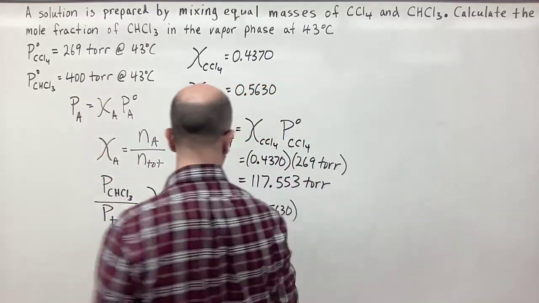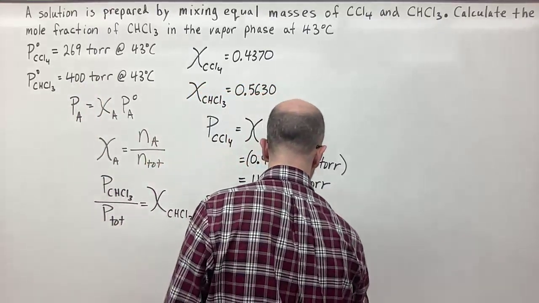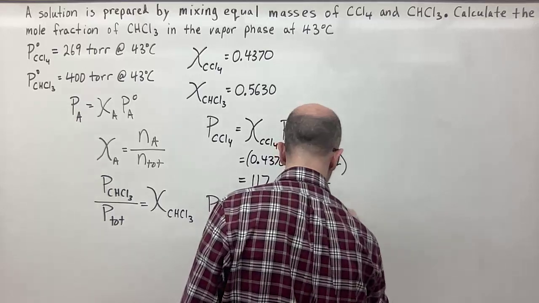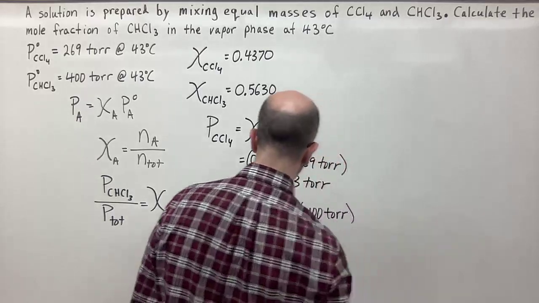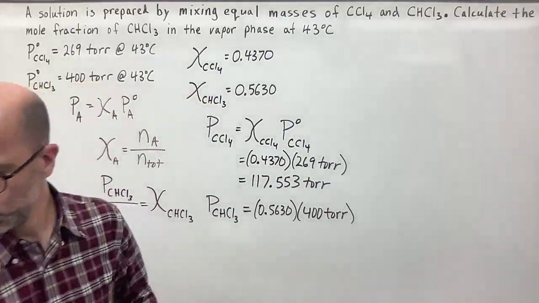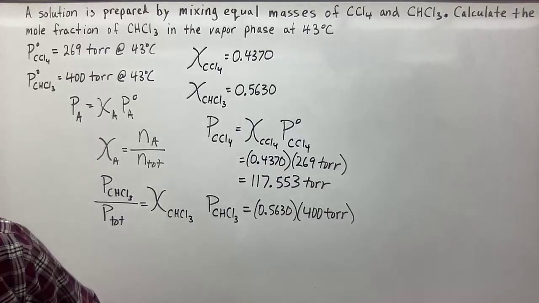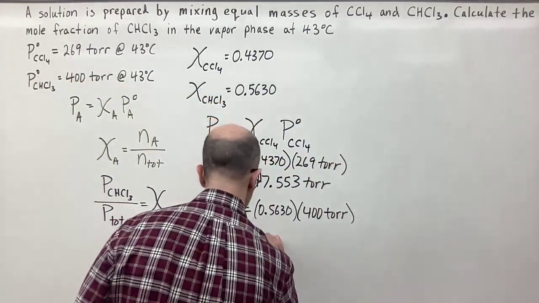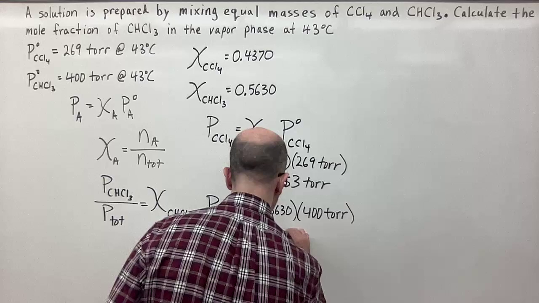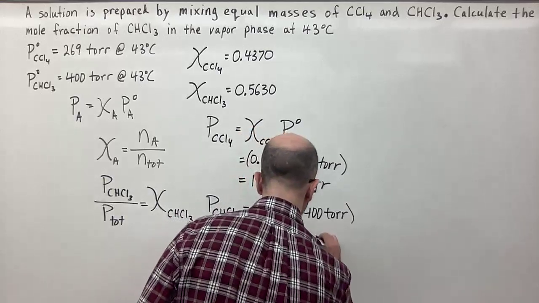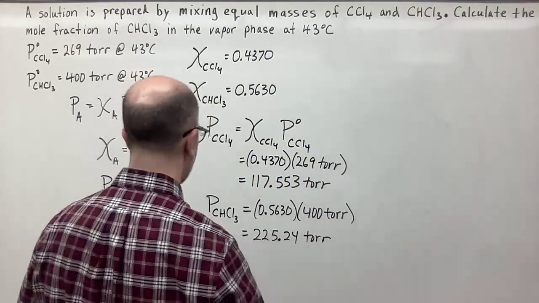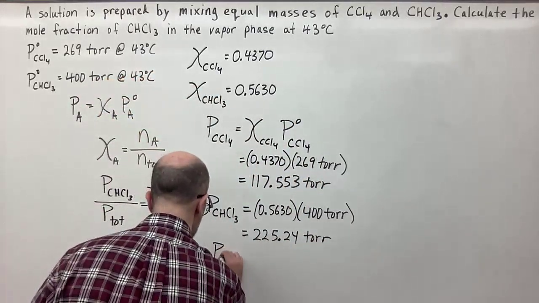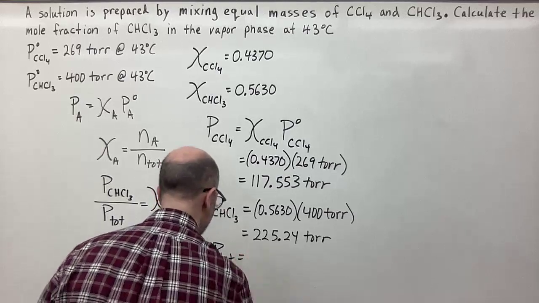That's 400 torr. So we multiply that by 400 torr, and when we multiply those together, we get 225.24 torr. And to get the total pressure, we're going to add those together.